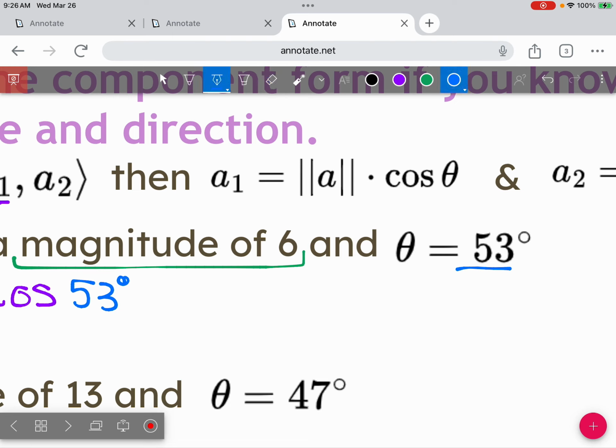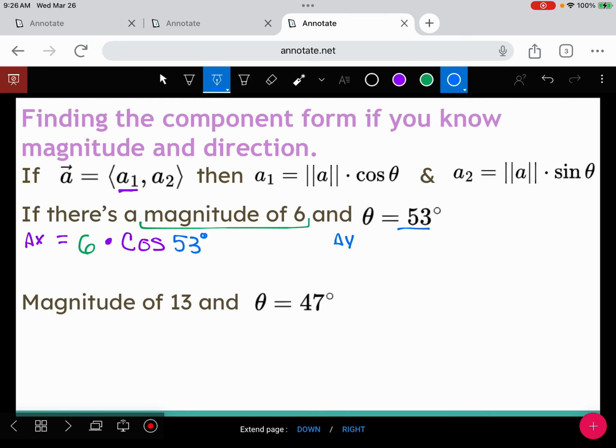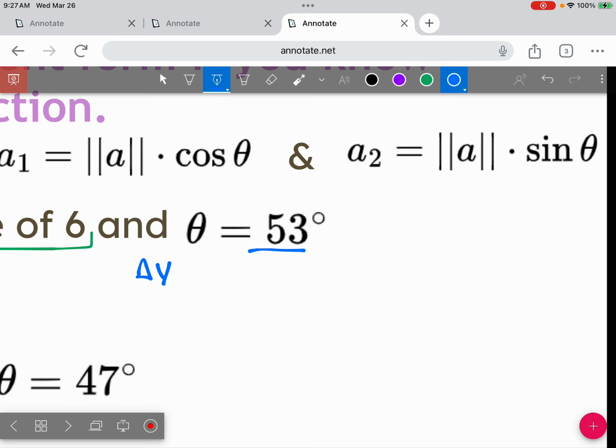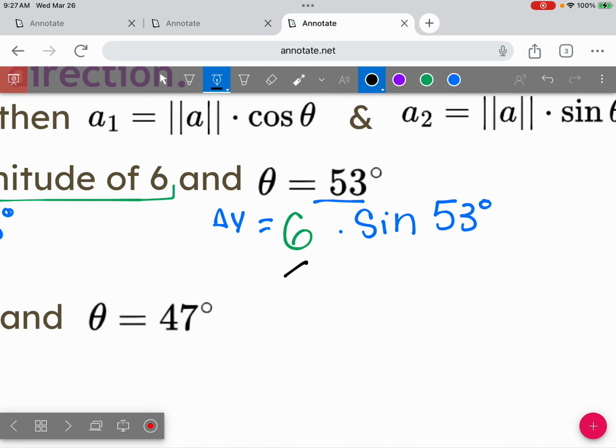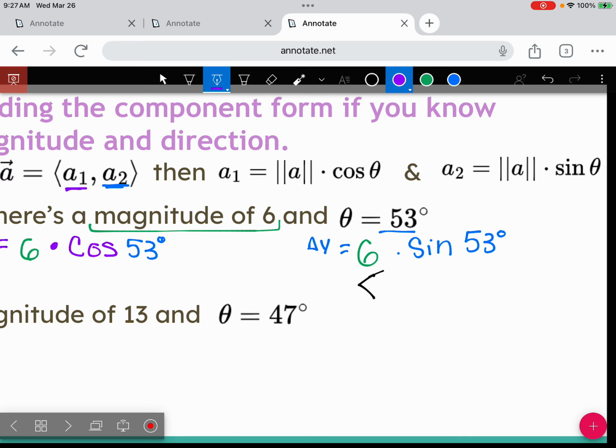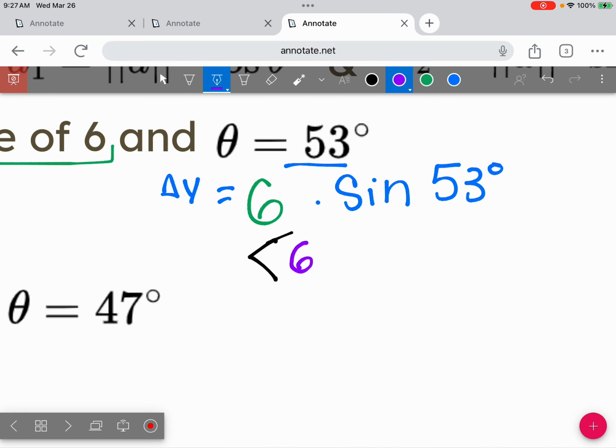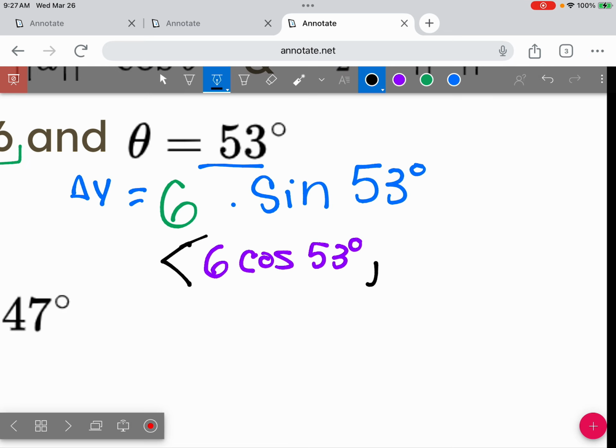So for our delta y, same kind of vibe, that's going to come from the sine. So this is going to be our magnitude, which we said was 6, times sine of that angle, 53. So the way we would write our vector is going to look like something super gross: 6 cosine 53, comma, 6 sine of 53.